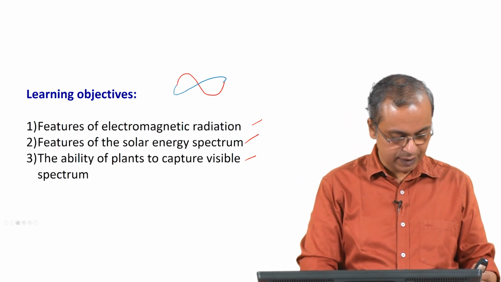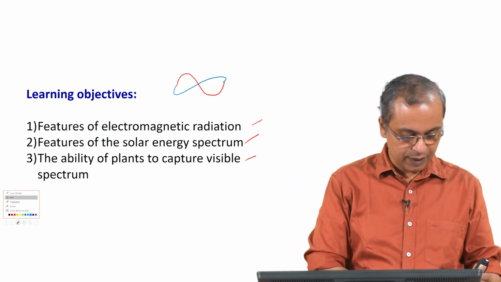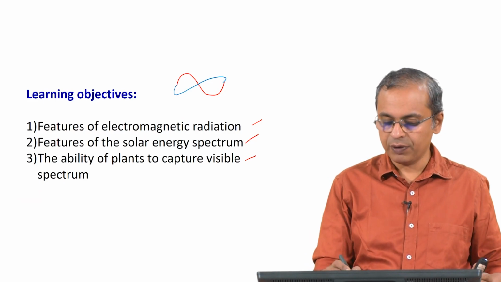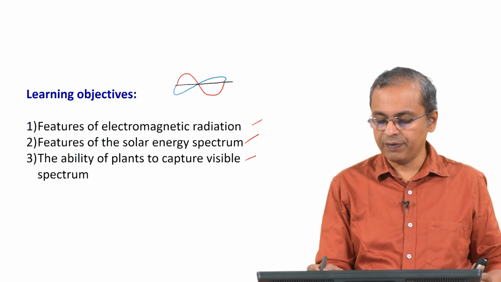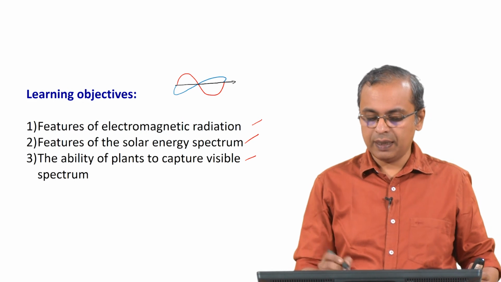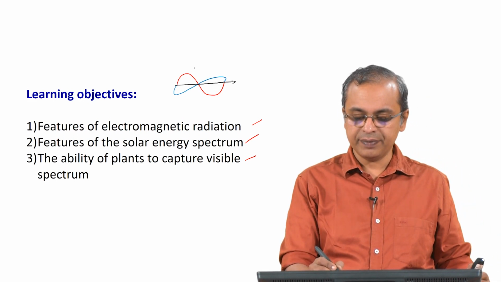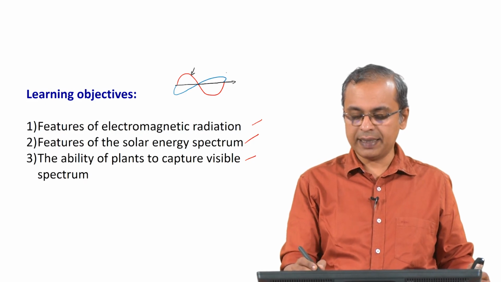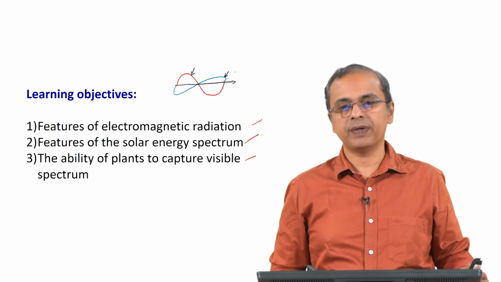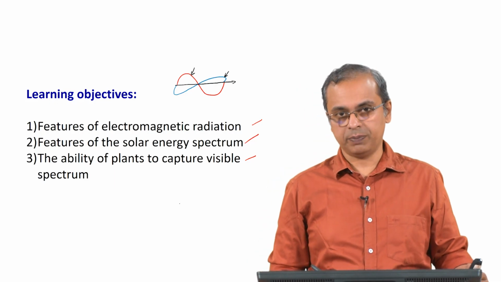If this is the direction of propagation of the wave, then we have the electric field here and the magnetic field here, and that is how we get the electromagnetic spectrum.